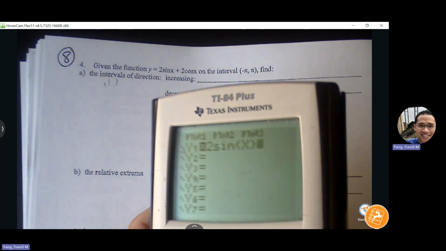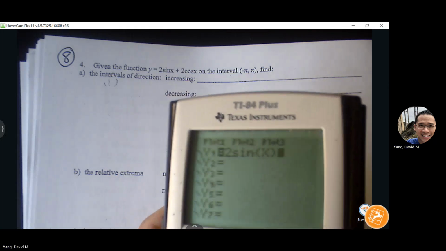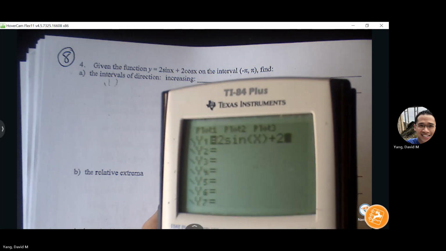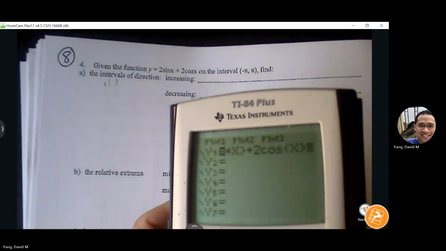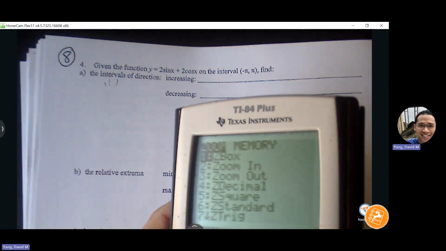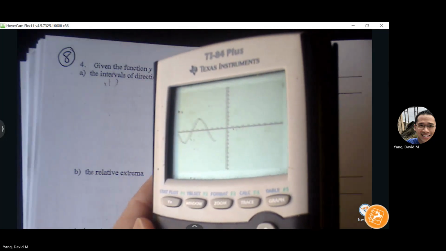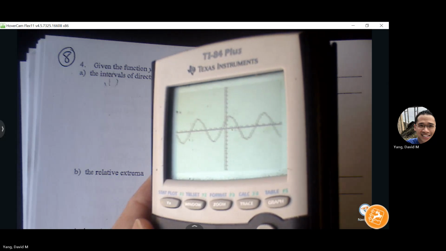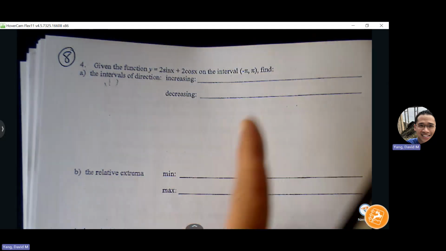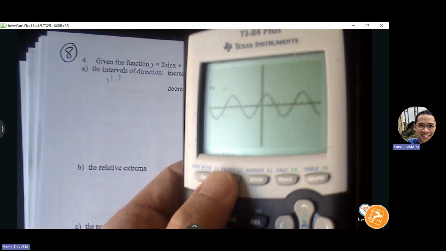Always use x as your variable, even if the paper tells you a different variable. You can do zoom 6. Now notice your domain here is from negative pi to pi, which you can type in under window.